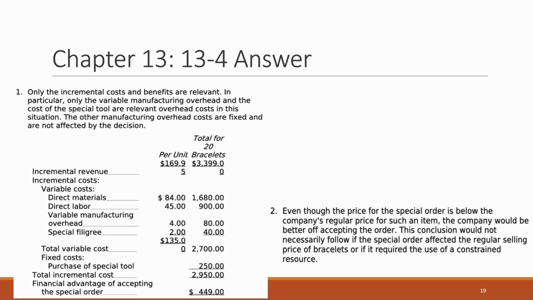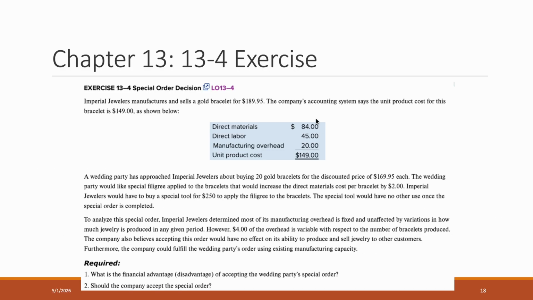So we know that we're going to sell the bracelets at $169.95 per unit, which means the total for 20 bracelets is going to be $3,399. That's going to be our selling price that the customer would pay us. So now we need to figure out our incremental costs. We know our direct materials is $84 given to us.